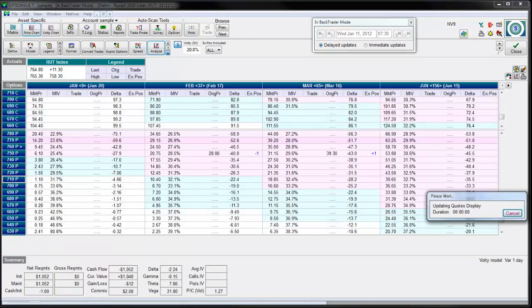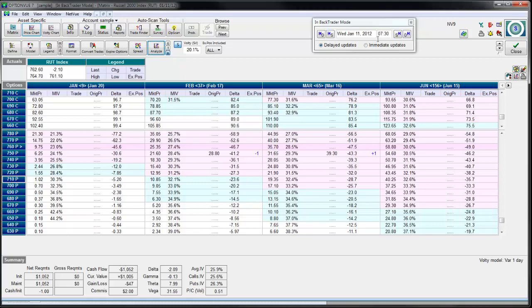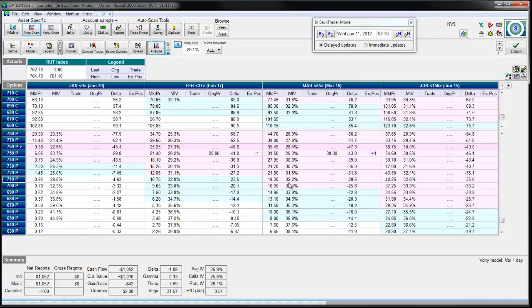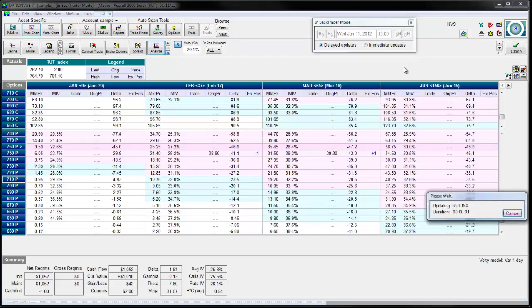7:30, Wednesday morning comes along, and you'll see that you keep stepping through this process, because this is how I trade my live positions. So you want the process of how you backtest to mirror and match your live trading as much as possible.